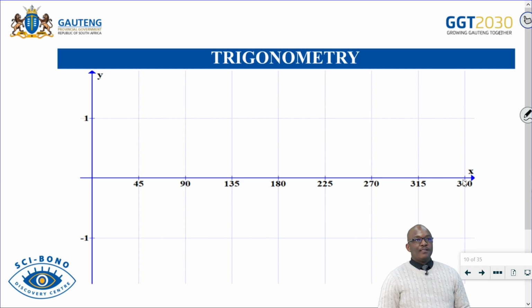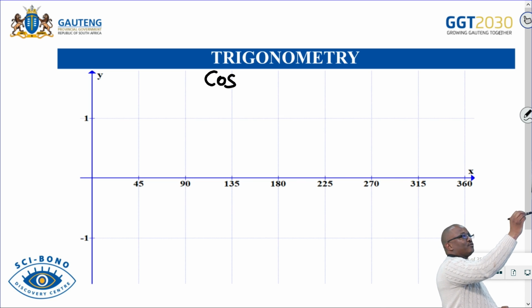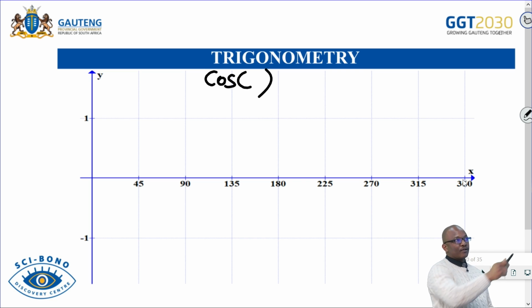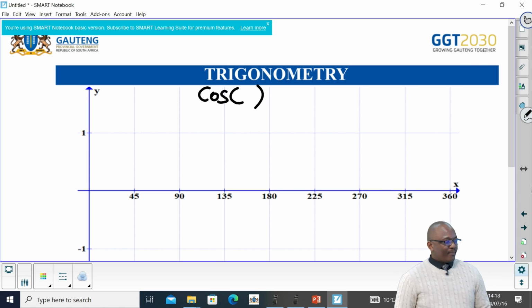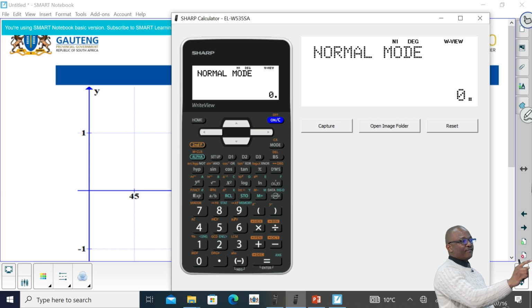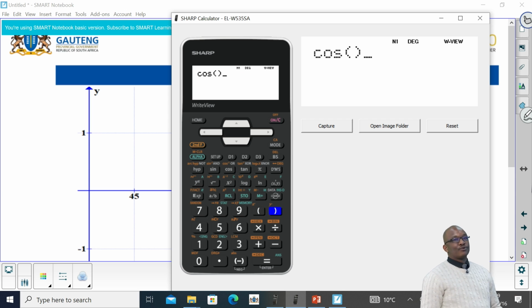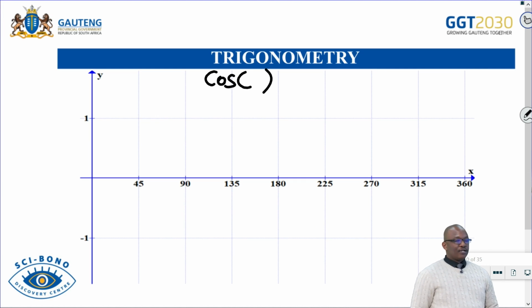Now, in your calculator you will have cos and you open the bracket, and you close your bracket. Remember, we dealt with the one for sine. That's what you will have in your calculator. Now you are going to substitute 0.